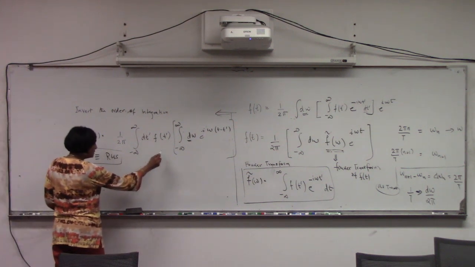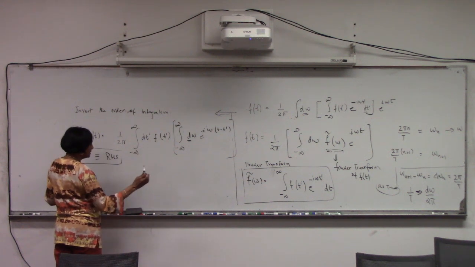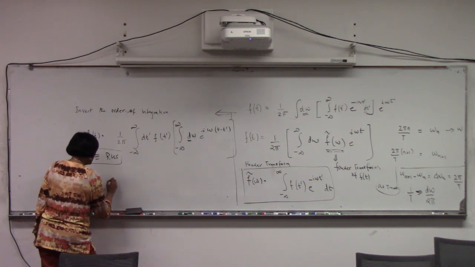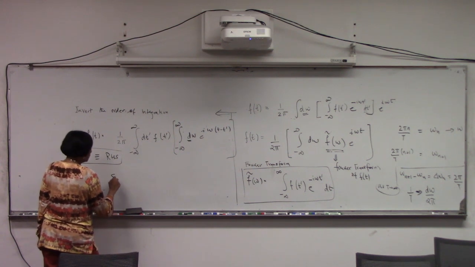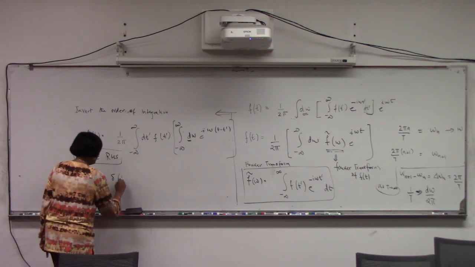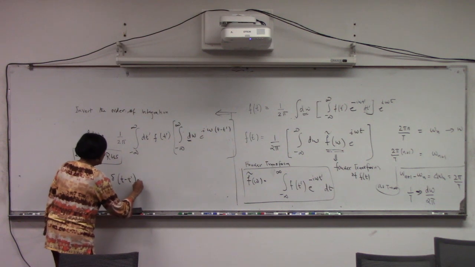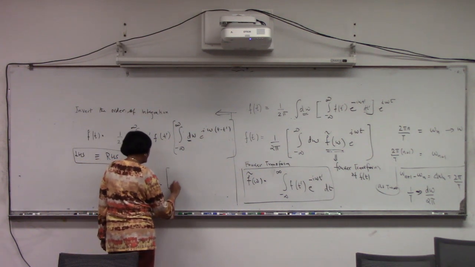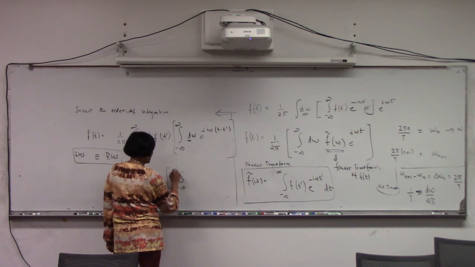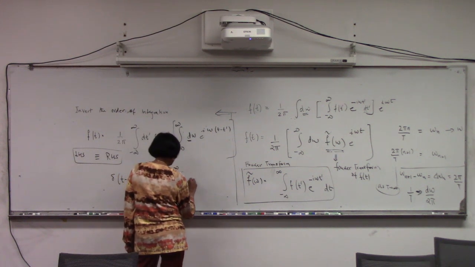So what I'm going to say is, this condition has to be satisfied. Then I'm going to give a definition of the Dirac delta function as delta of t minus t prime, which is nothing but 1 over 2 pi, the integral from minus infinity to plus infinity of this quantity.